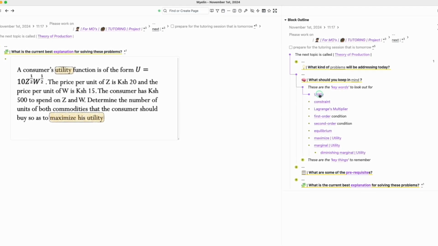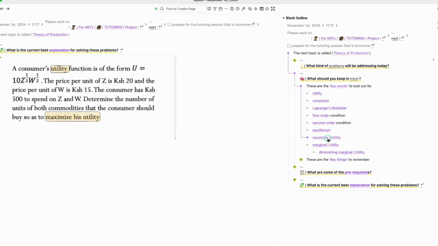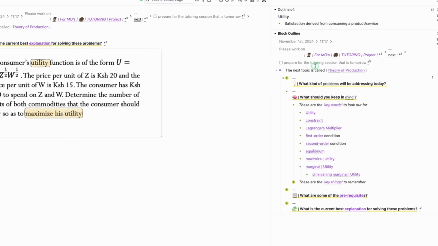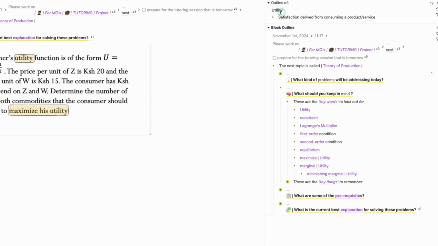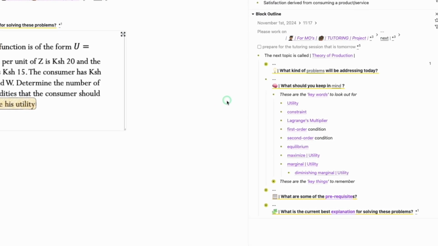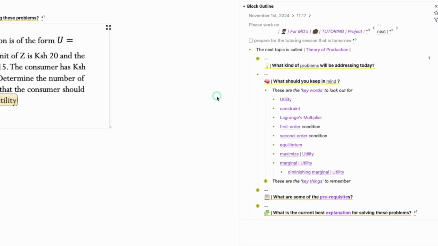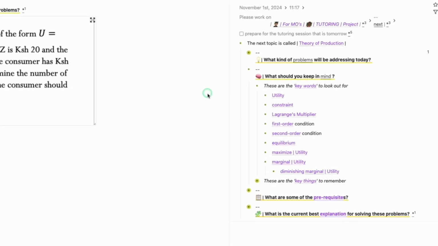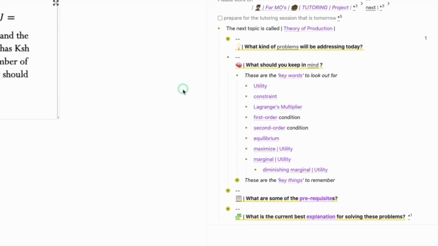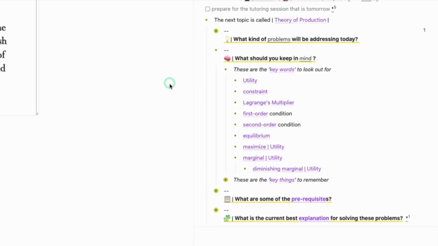The word utility, you should know what it means, as well as what it means when we say maximize utility. If you're not aware, utility is essentially the satisfaction derived from consuming a product or service. That is why we're dealing with consumer behavior. We're looking at how satisfied they are when they're consuming a product or service.